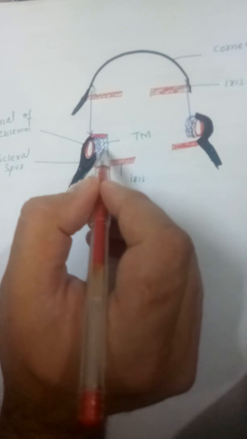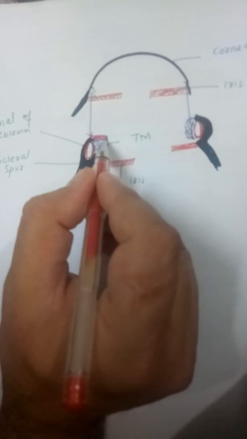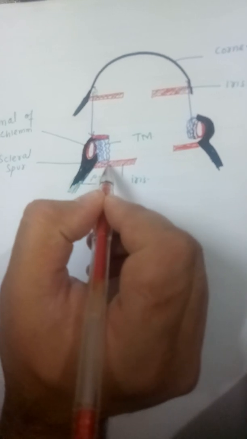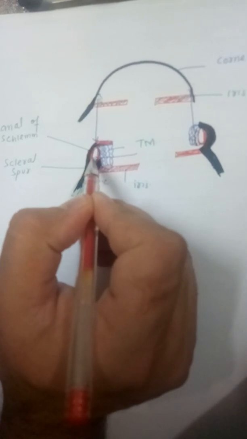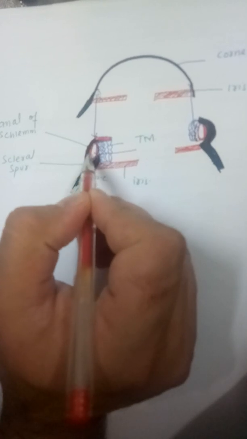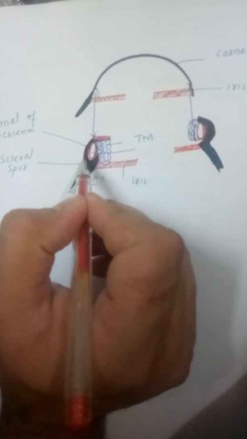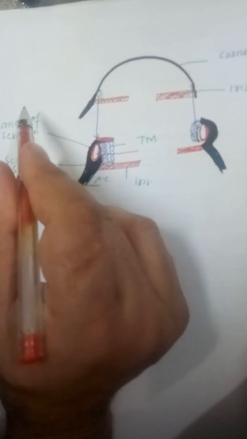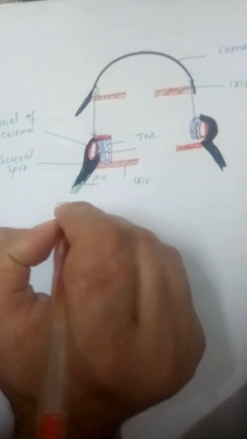So this whole is the trabecular meshwork, anteriorly attached with the Schwalbe line, posteriorly attached with the scleral spur and iris. Aqueous enters this trabecular meshwork, reaches the canal of Schlemm, and from the canal of Schlemm, as we have already discussed, there are multiple channels, 25 to 30 channels, and it reaches the cavernous sinus.